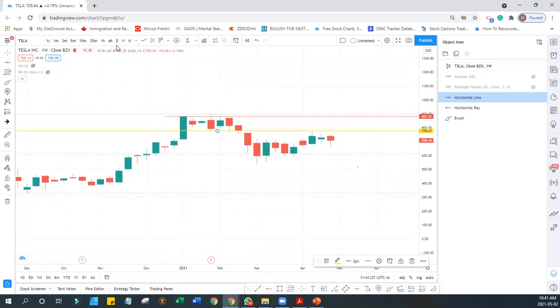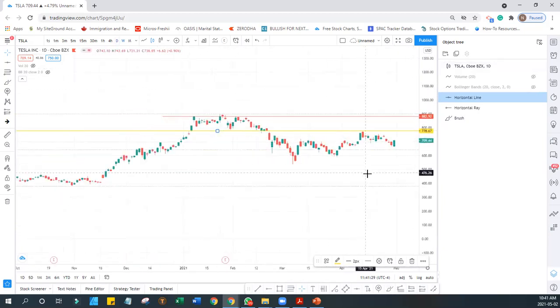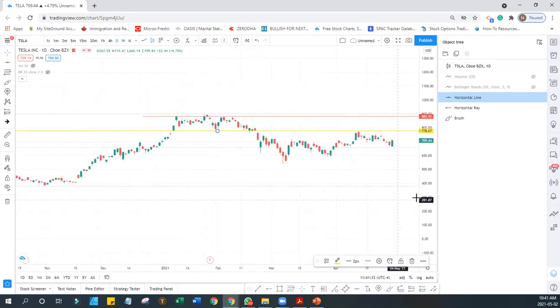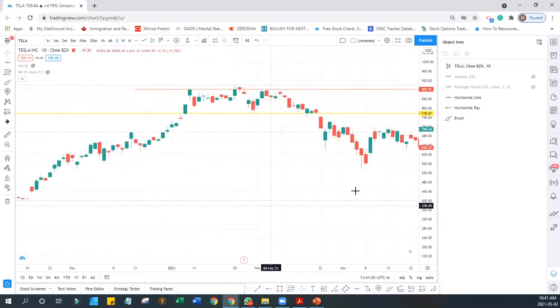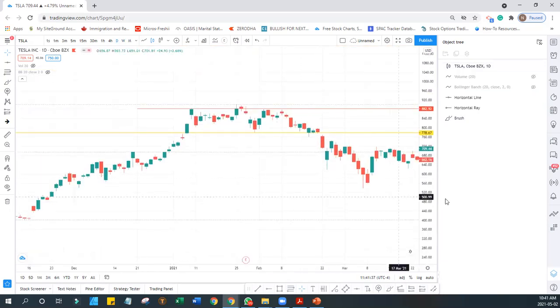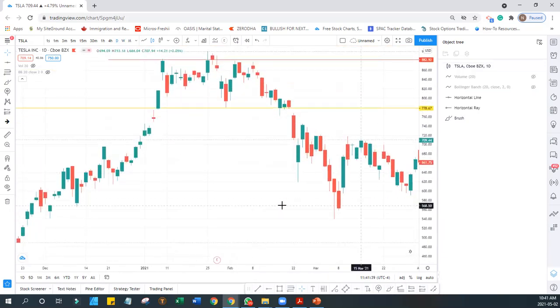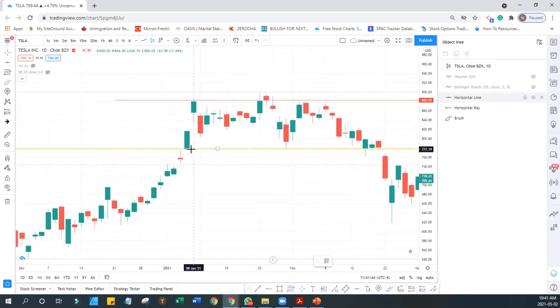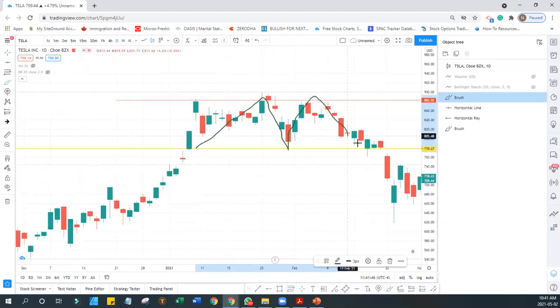Okay, let's go to the day part now. When you go to a smaller time frame, if you see, it was forming a pattern called an M pattern. How does the M pattern form?